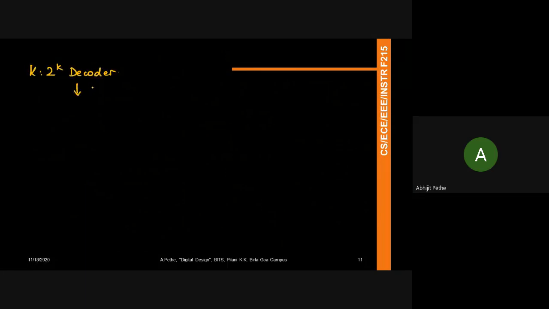How many AND gates? If I want to design a k to 2^k decoder, how many AND gates do I need and how many inputs per AND gate would I need?